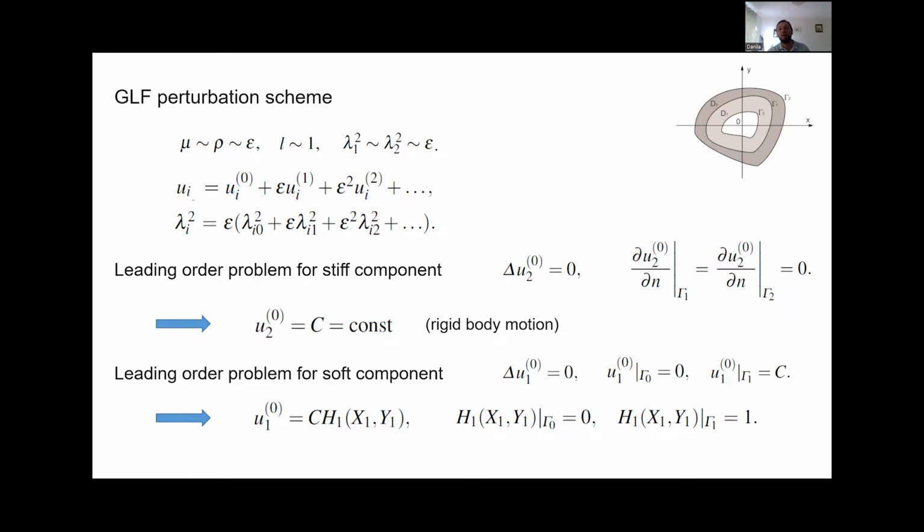Okay, so now assume that this H1 is known, and we can proceed to the next order analysis for the stiff component, which would give us an equation like that with some more boundary conditions. Now all we need to do is consider the solvability of this problem.